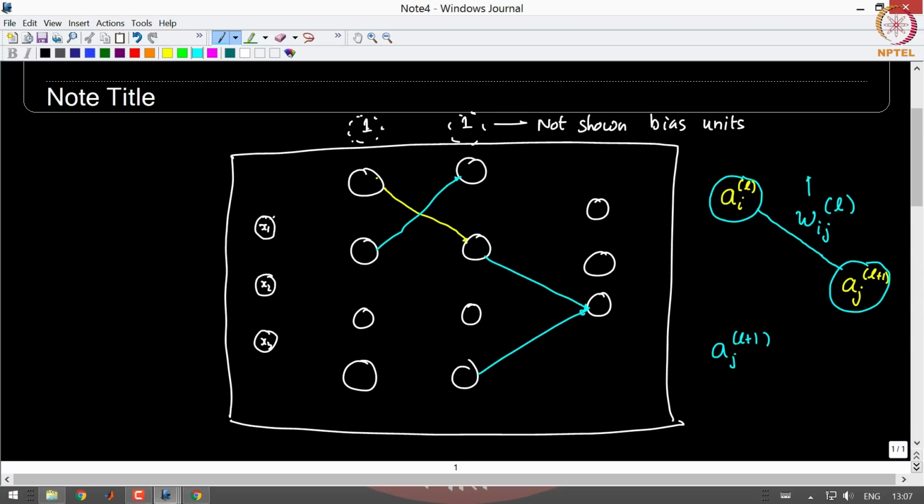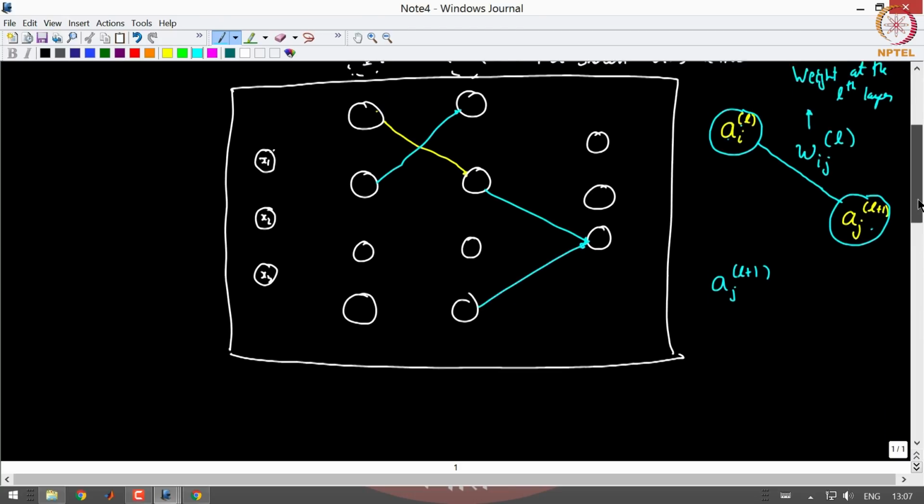So, this is the weight at the Lth layer connecting the Ith neuron of level L with the Jth neuron of level L plus 1. So, this notation is actually pretty straightforward.